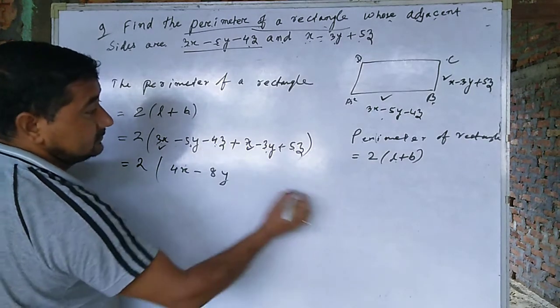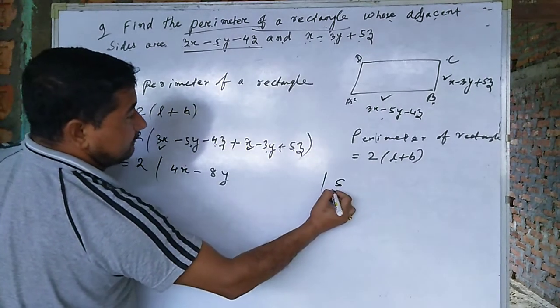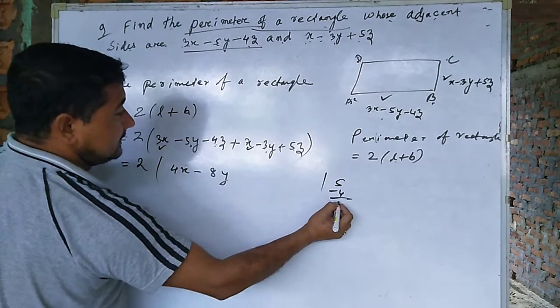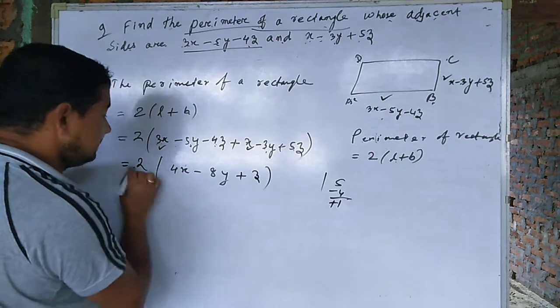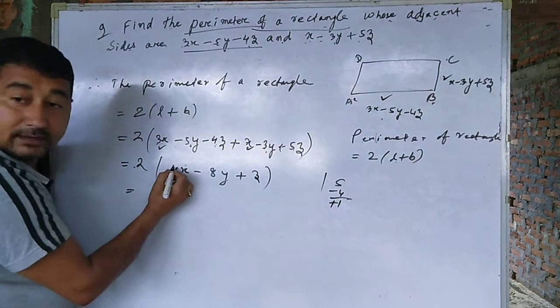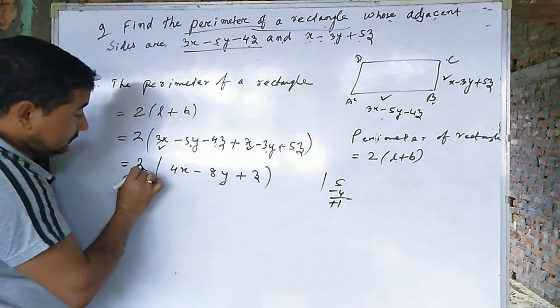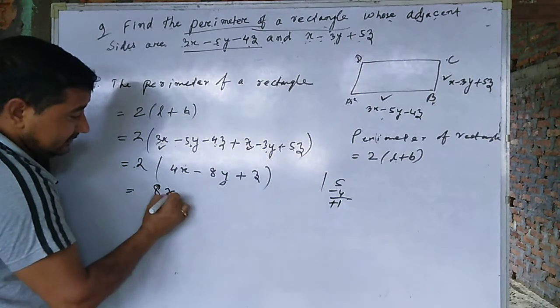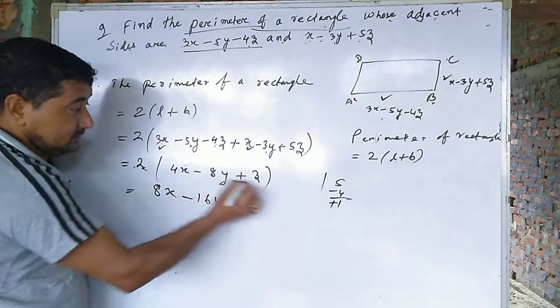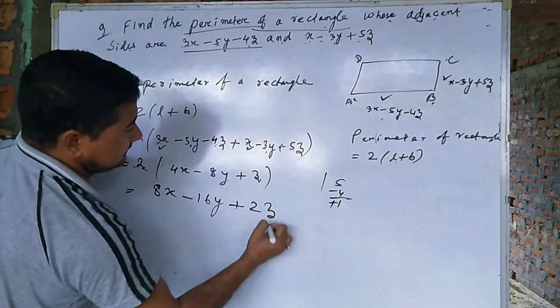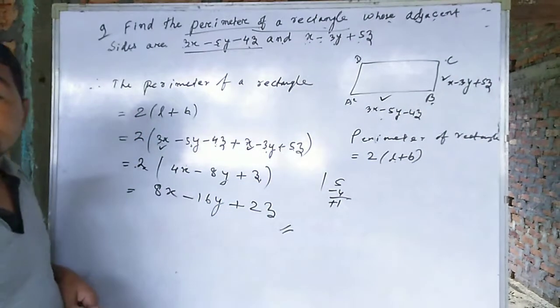Plus 1, z only. Now multiply all terms by 2. 2 times 4 is 8, 2 times 8 is 16, 2 times z is 2z. Our answer is this one.